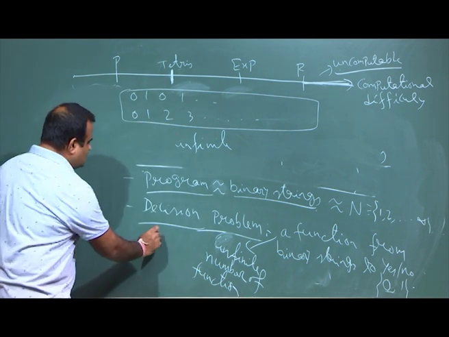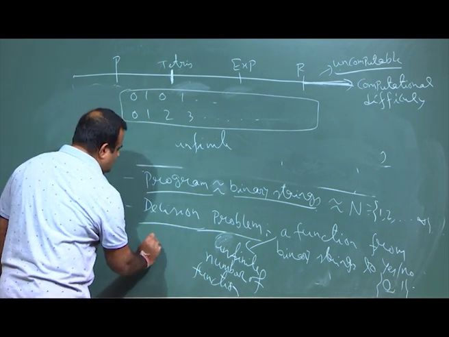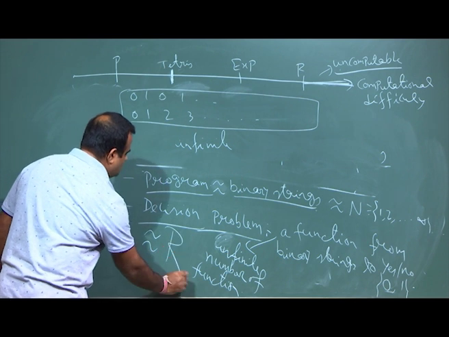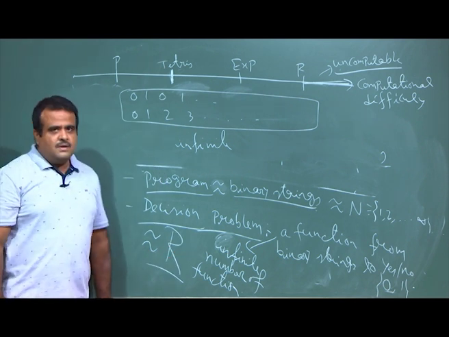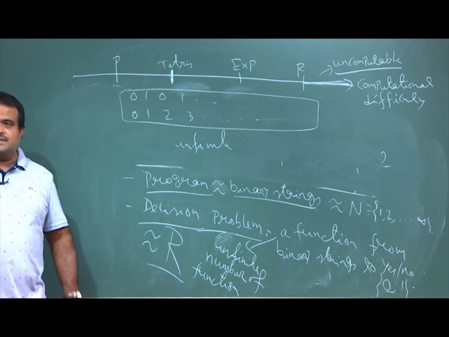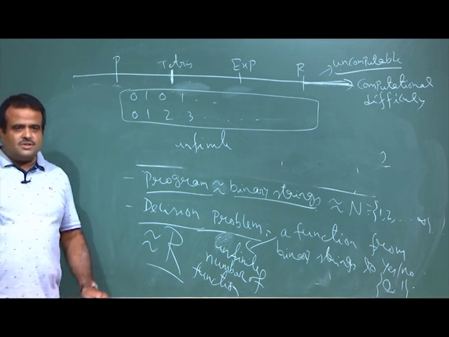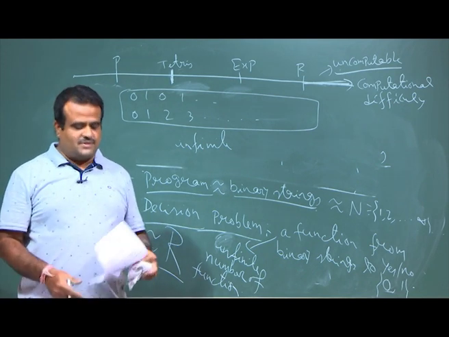This is basically the R set, the set of all possible real numbers. So this is an uncountable set.